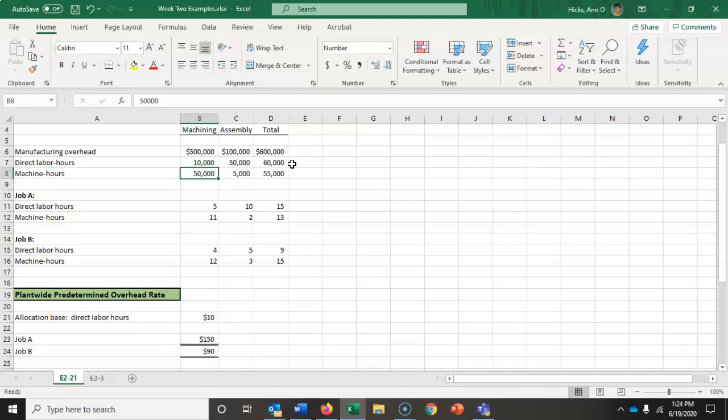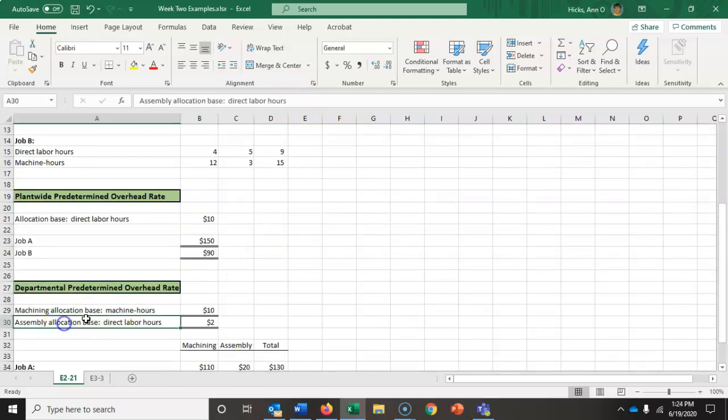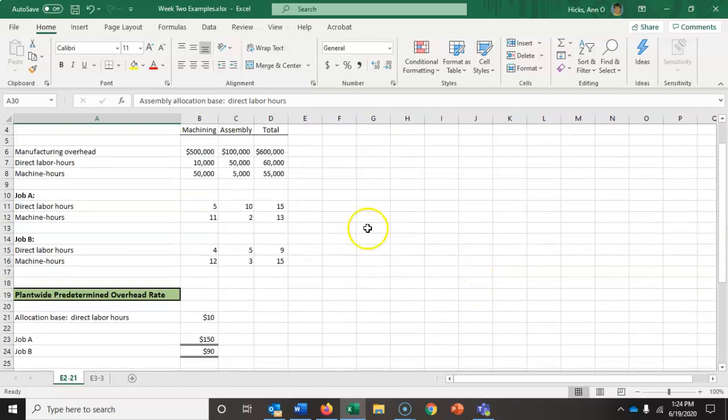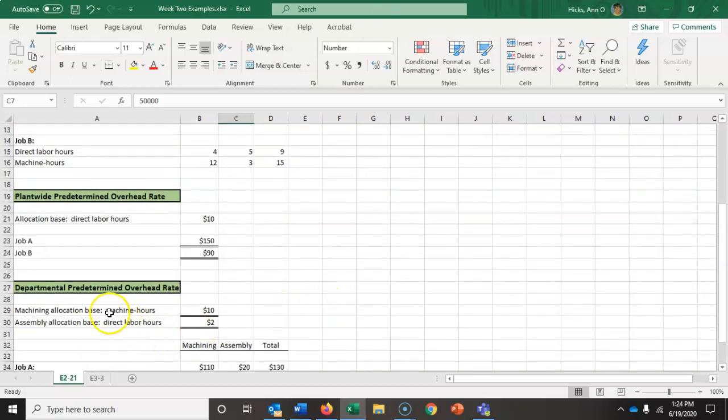On the other hand, in the assembly department, we have determined that direct labor hours are a better allocation base. Again, we've looked logically at what those manufacturing overhead costs are and assumed that they're more closely tied to direct labor. So what we're going to do is we're going to calculate 2 different overhead rates.